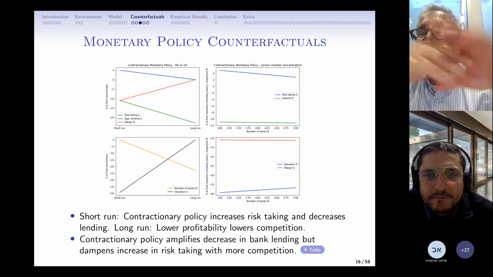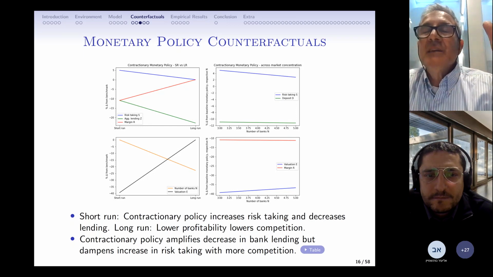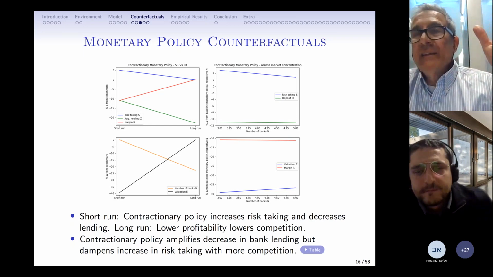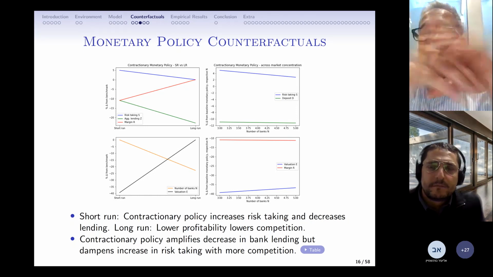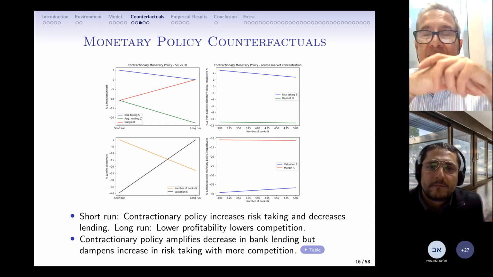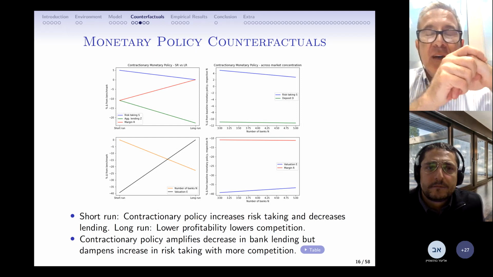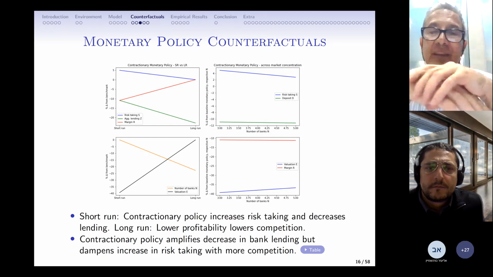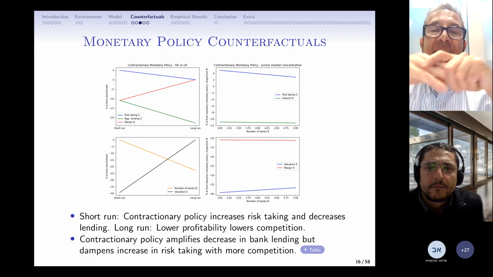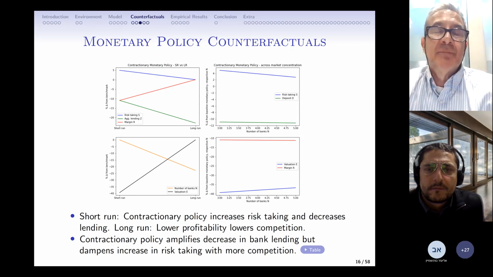What was the impact of Fed policy pre-Riegle-Neal on things like risk taking, et cetera, in the data and in the model? So at least for the sample period that we were looking at, monetary policy led to more volatility, more risk taking.